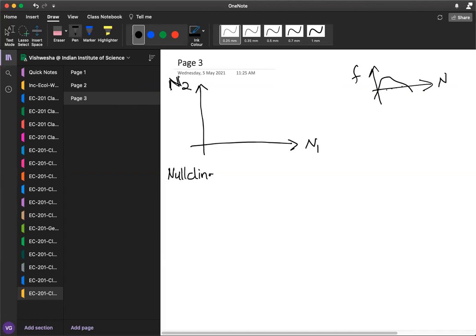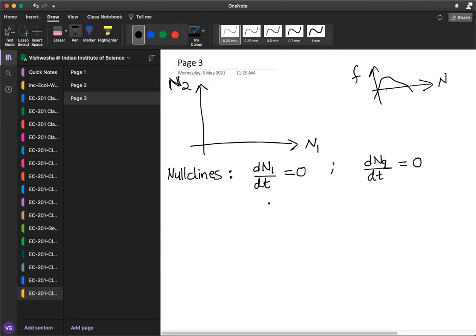Null clines are basically the lines where the growth rate is zero; null clines for species 1 follow this, and null clines for species 2 follow this.